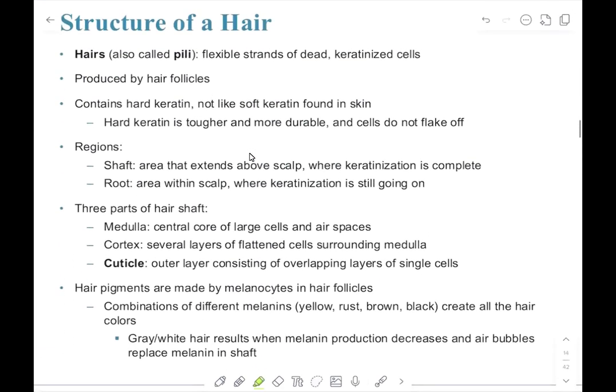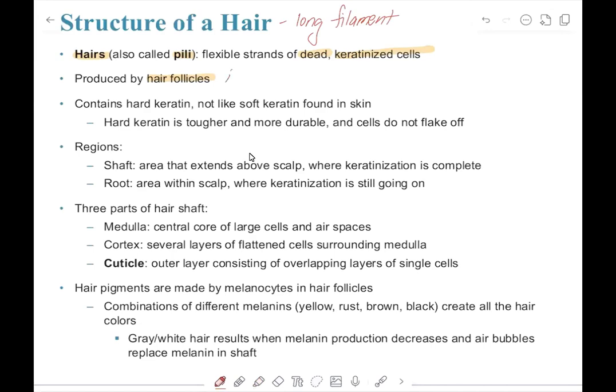So let's look at the structure of a hair. A hair itself, the shaft that is sticking out, is what is referred to as a long filament. The word hair actually is derived from the word pilus. So, in plural, hairs are called pili. They are flexible strands of, again, dead keratinized cells. And where this hair is originally produced is in what are called hair follicles.